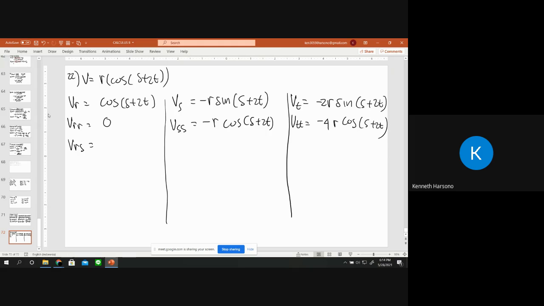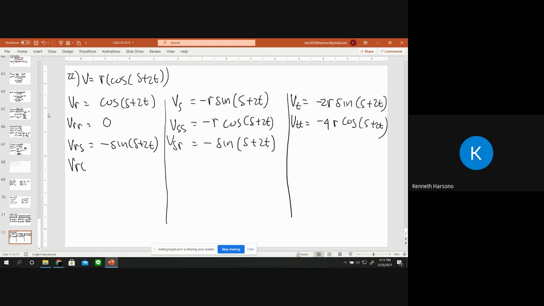Here this one with respect to s, so minus sin(s plus 2t), and the same with V_sr. Eliminate the r here, just minus sin(s plus 2t).